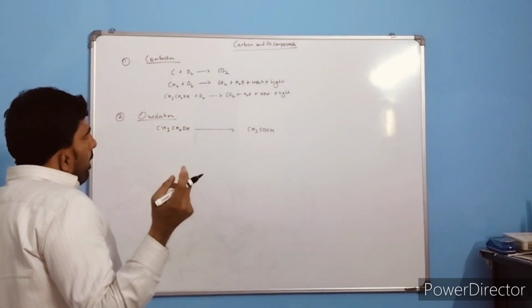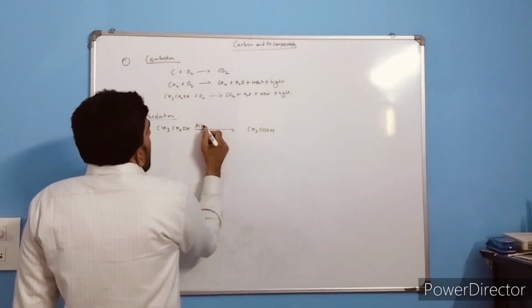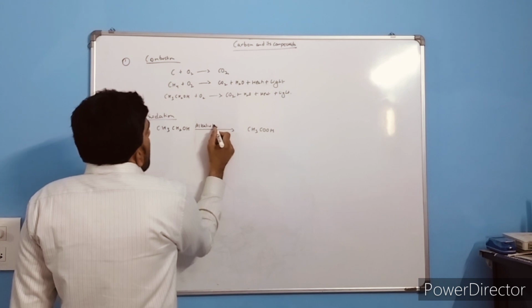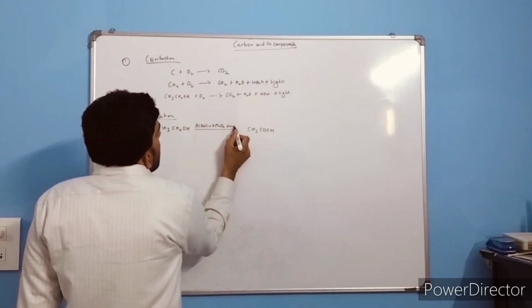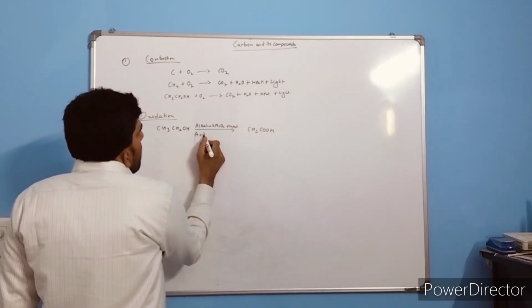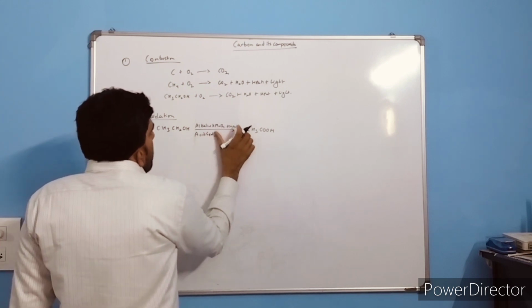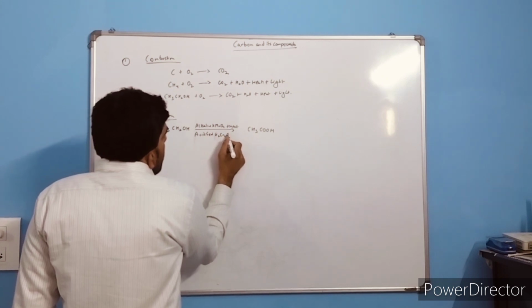Here I am using as catalyst alkaline potassium permanganate plus heat, and acidified potassium dichromate.